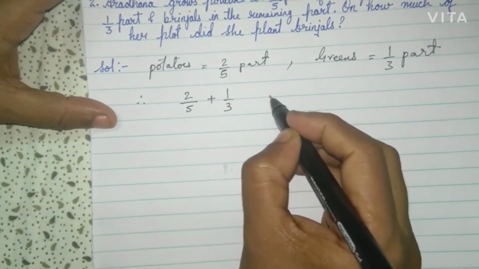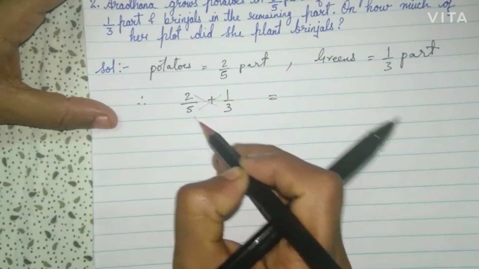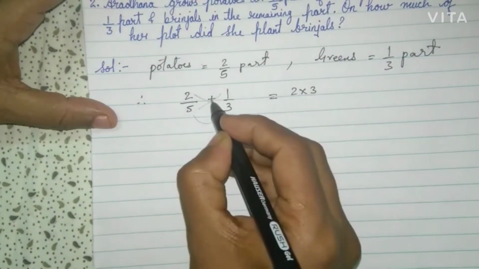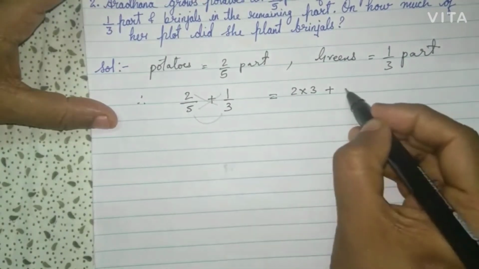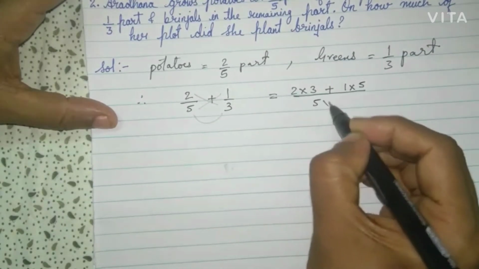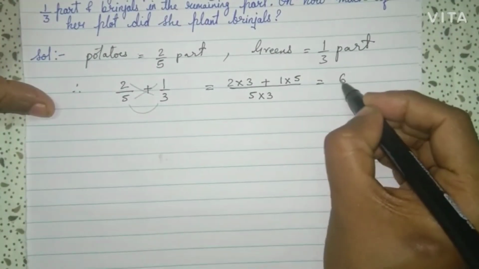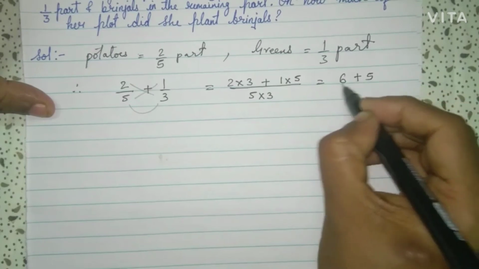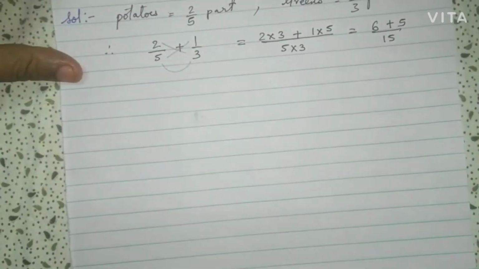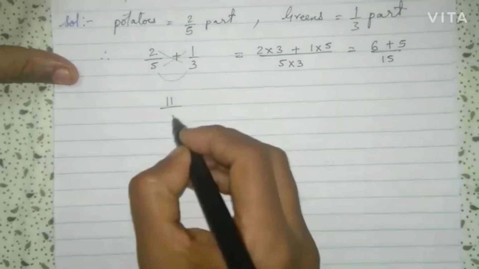Since the denominators are not equal, you have to make them equal. So 2 3s are plus 1 5s are upon 5 3s are. So 2 3s are 6, 1 5s are 5 upon 5 3s are 15. So that equals 6 plus 5, 11 upon 15.